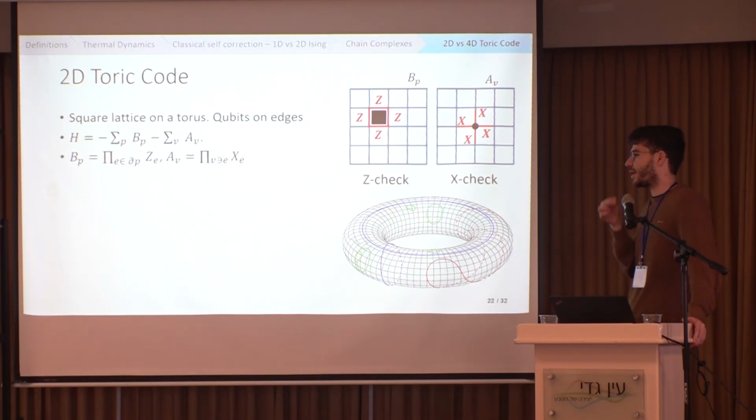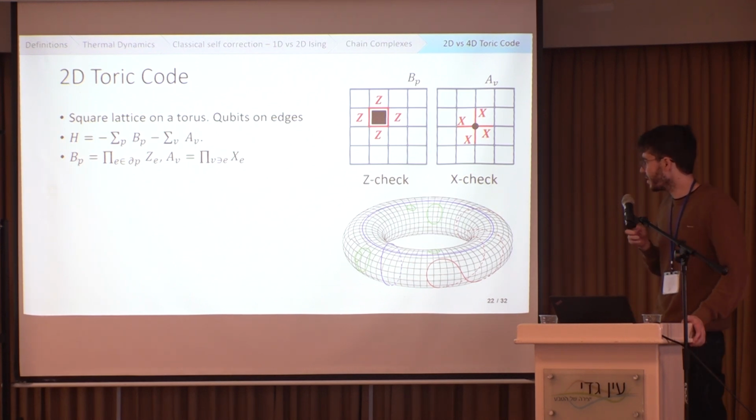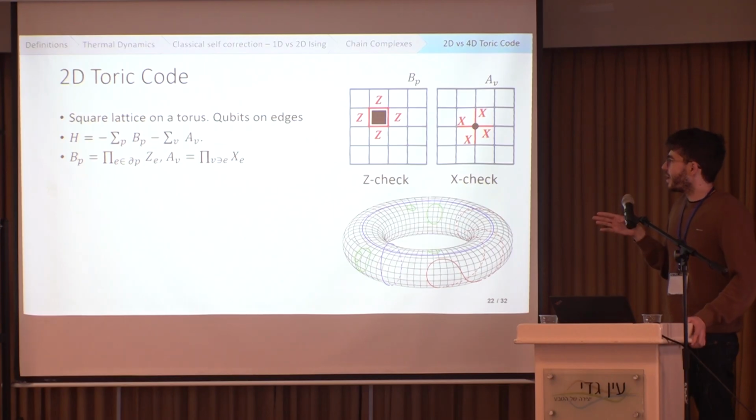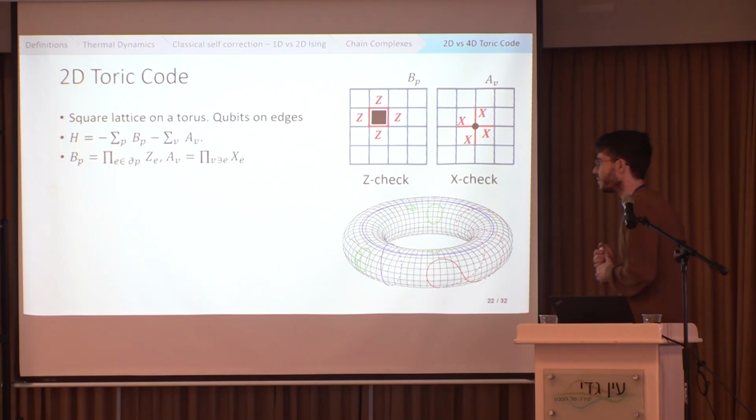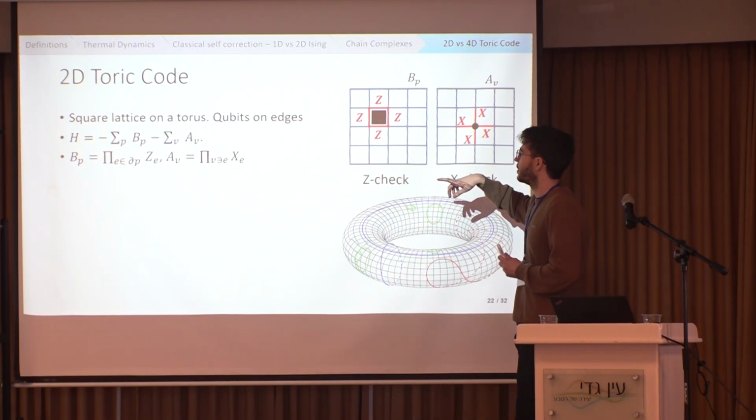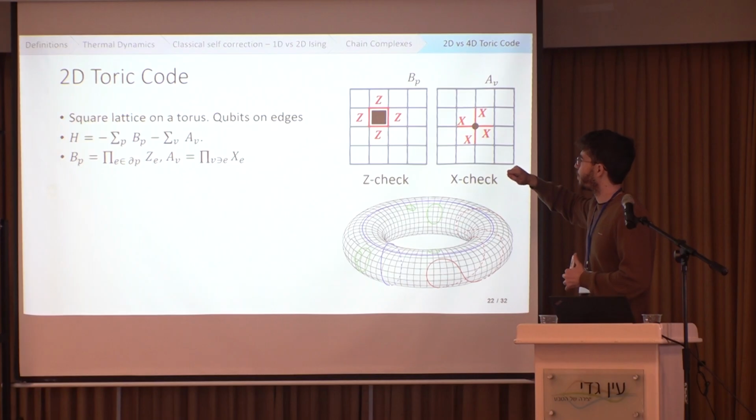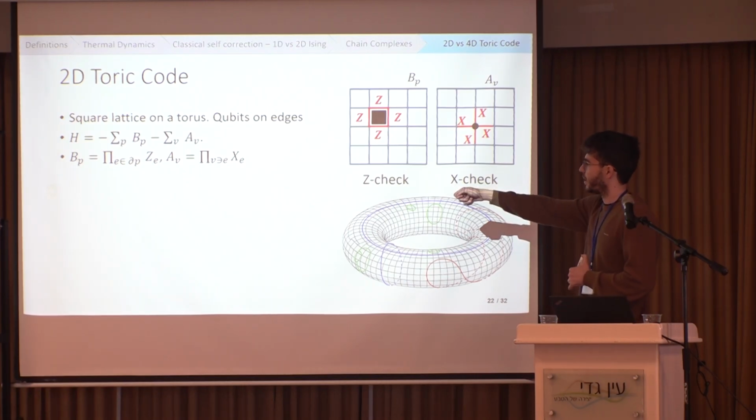Let's go over the 2D toric code. I think it wasn't presented enough. So we have a Hamiltonian with two different types of terms of stabilizers. Stabilizers are a product of qubits according to this.